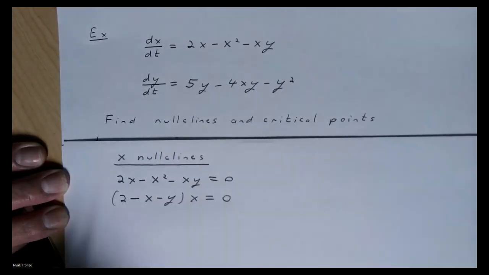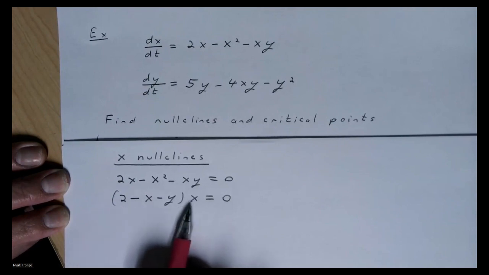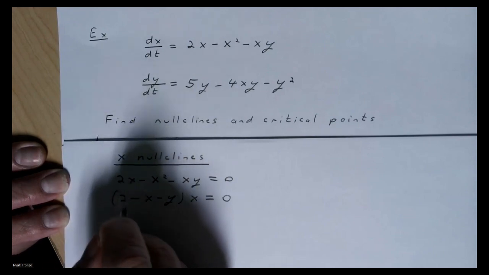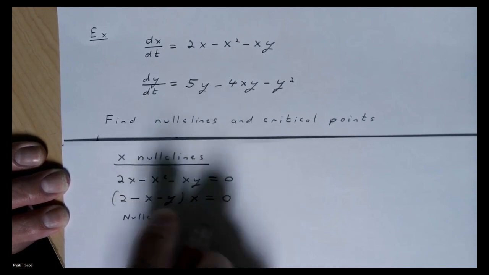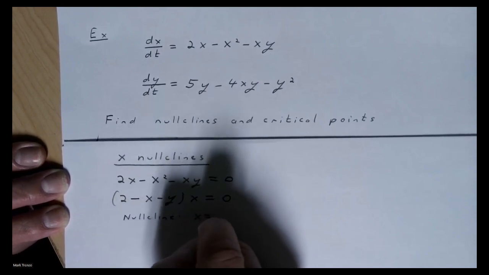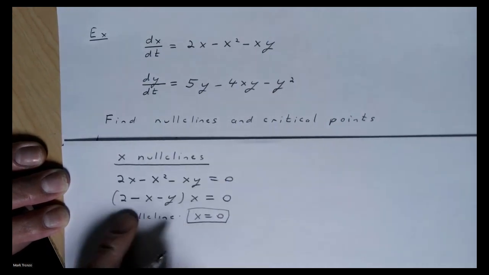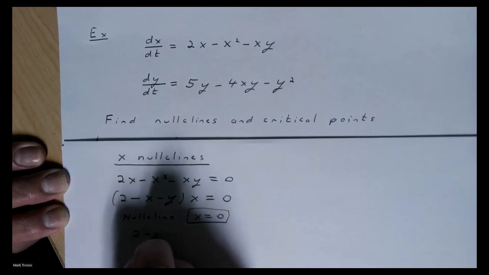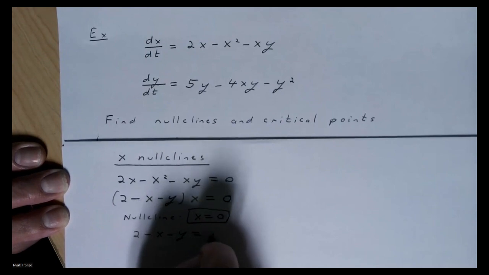And of course, what's going to make this 0 is anything that makes this factor 0 or this factor 0. So one of the nullclines will simply be x equal to 0. And then we'll set this equation, 2 minus x minus y, equal to 0.